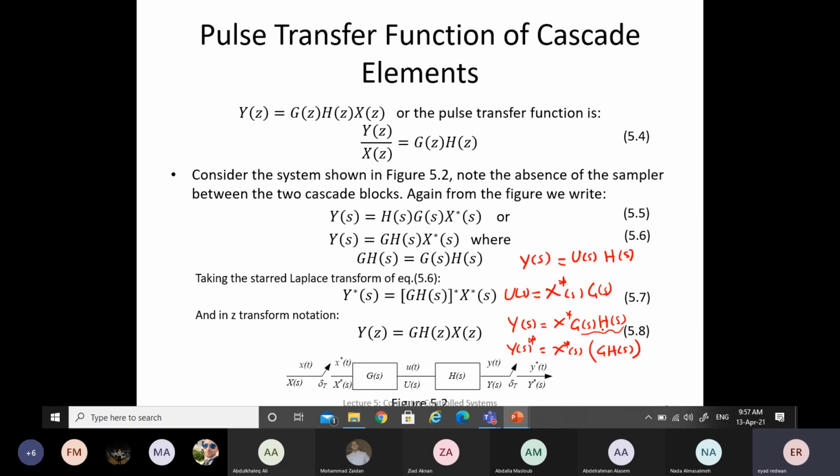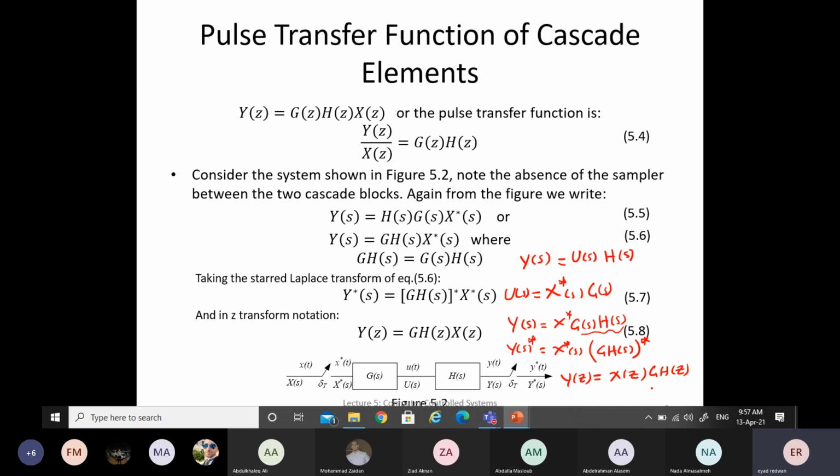I multiply these two functions first, then I take the starred Laplace transform, which will lead me to y of z equals x of z times gh of z. I multiply g and h first, and then I take their z transform.